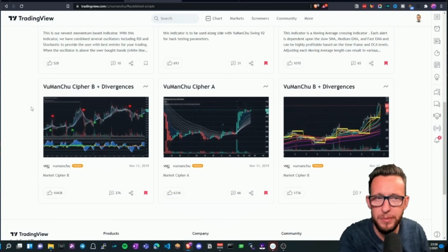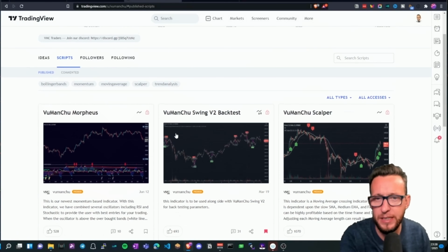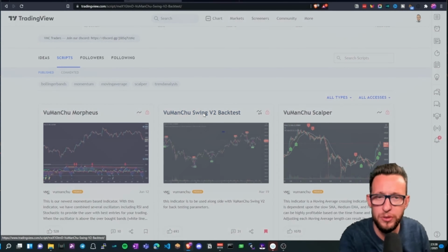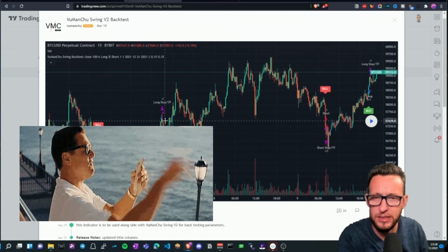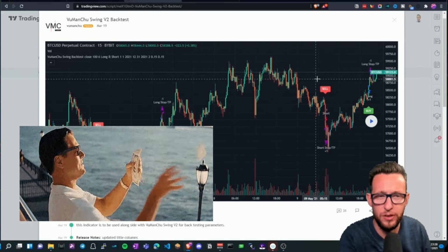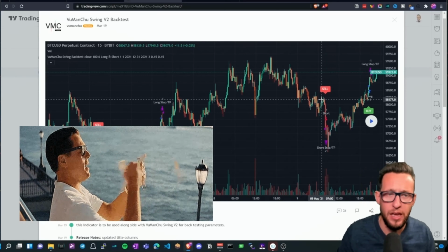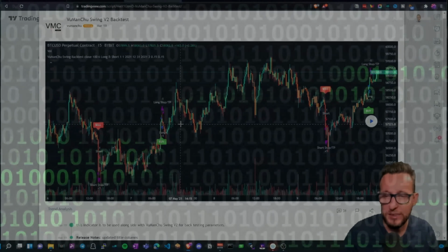Okay, so what we're going to be looking at today is his premium indicator, the VuManChu Swing version 2. This is one that he sells for about, I think, 0.01 of a Bitcoin, so quite expensive for a year, and we're going to be decrypting that today.